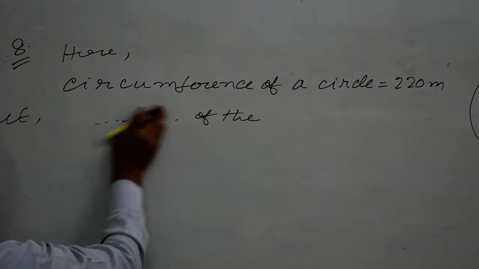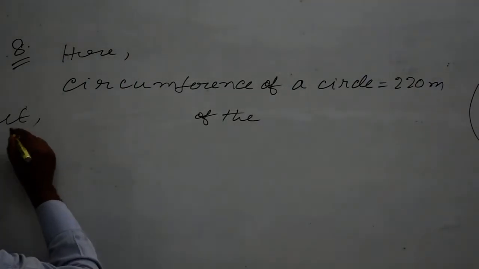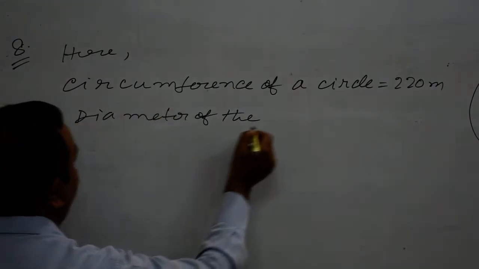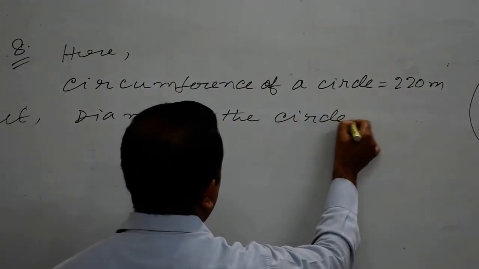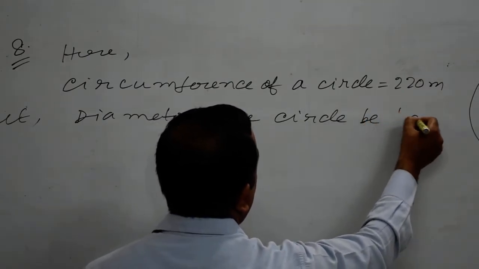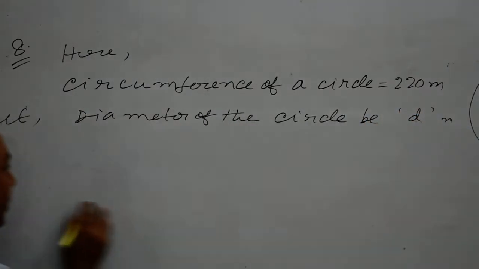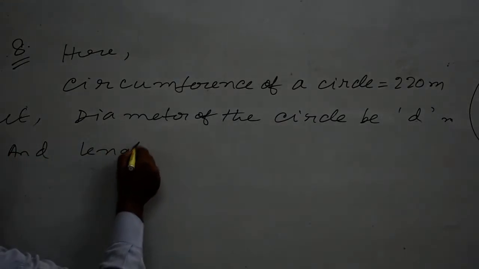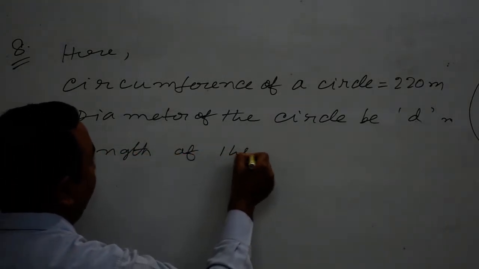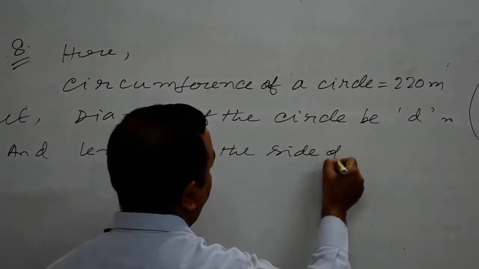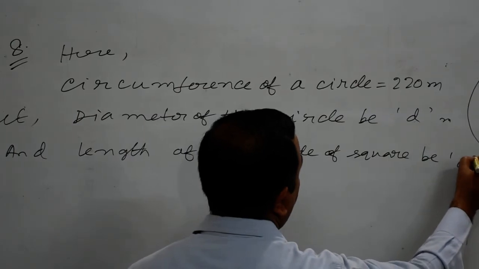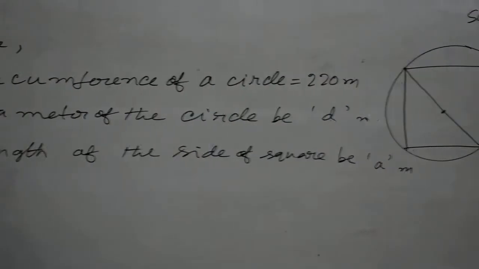You can write directly the diameter of the circle, and we need the diameter of the circle here. Let the diameter be d, and the length of the side of the square be a.